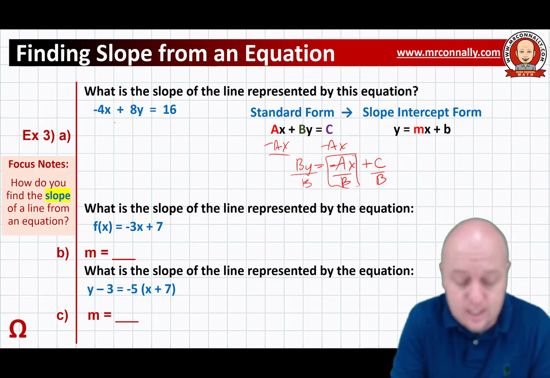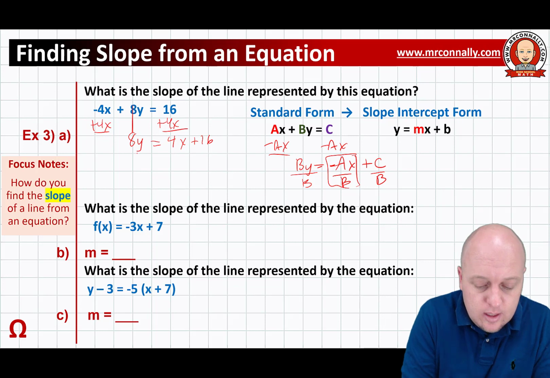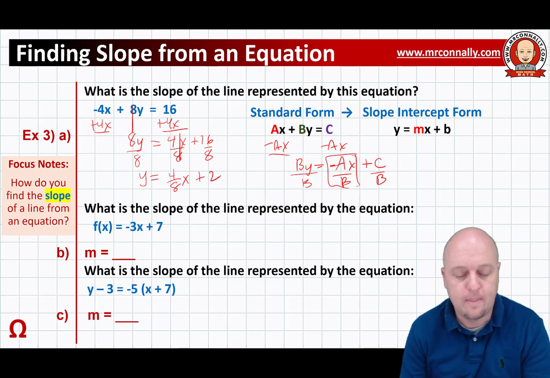Here's why that's the case. So let's go ahead and add 4x to both sides. You can't add those together, so it's going to be 4x plus 16 equals 8y. Now we just divide by 8 to everything, and we get y equals 4/8 x plus 2.